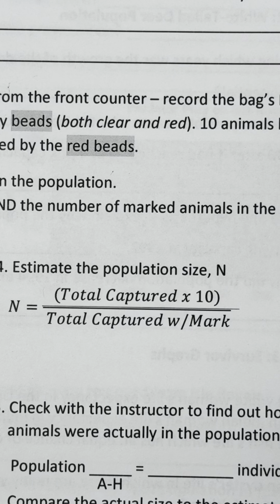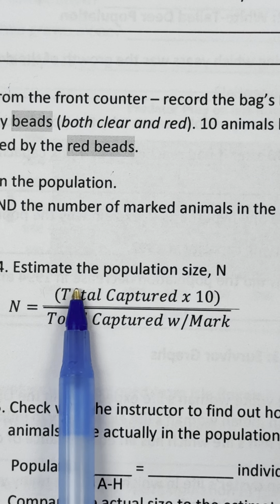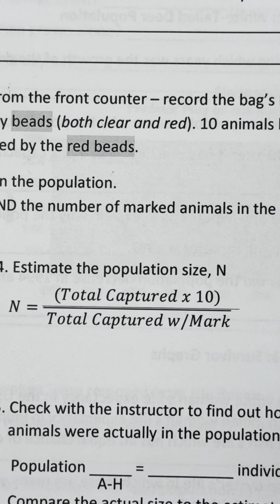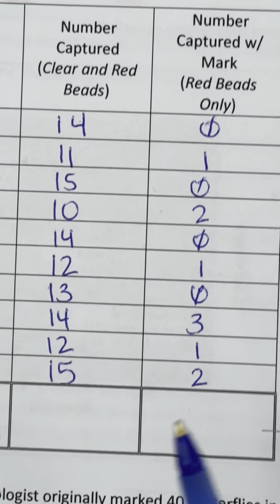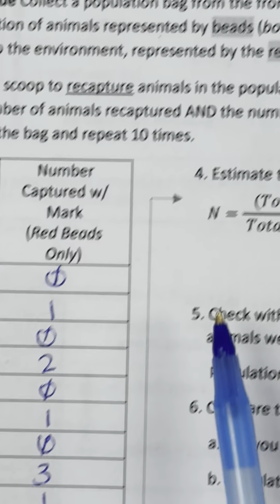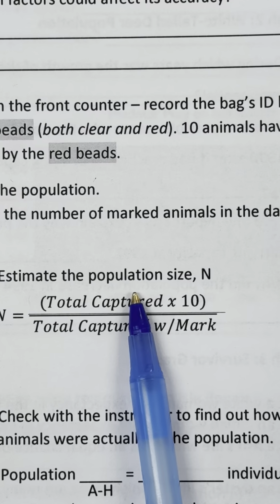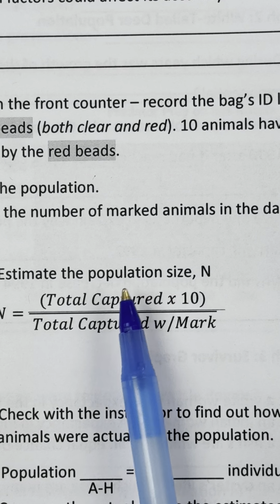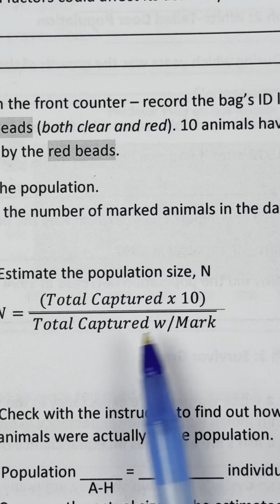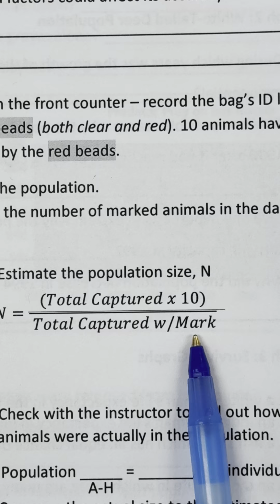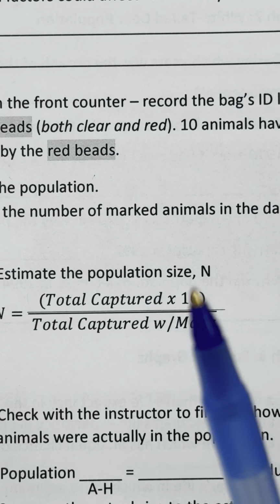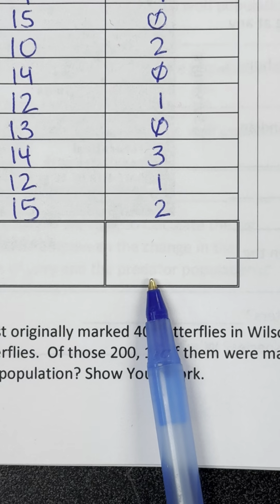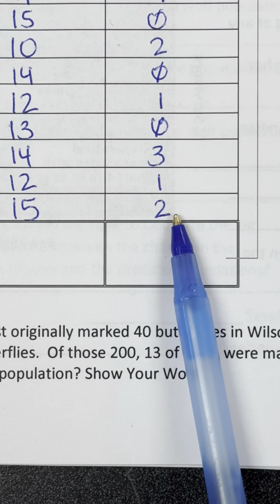It says estimate the population size N by taking the total captured, which was this number here, so total captured goes here, multiply it by 10, divided by the total captured with the mark, divided by this number that you got here from this box.